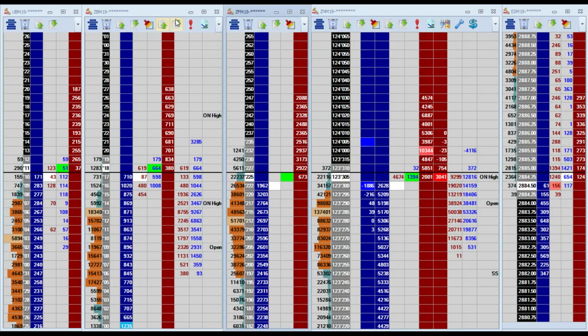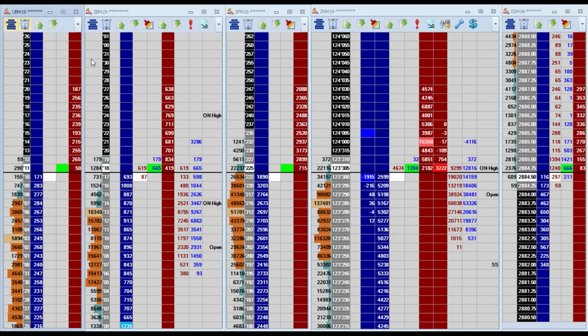Clean up some of this. I don't want to spend too much time on it. You see now that there's been very little pushback from buyers.